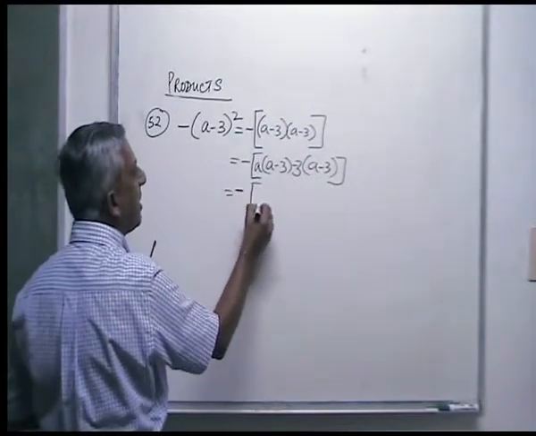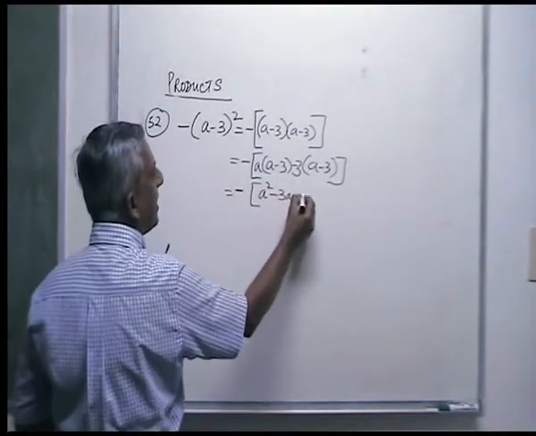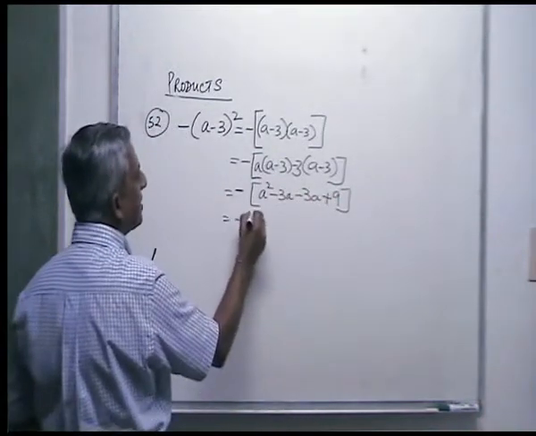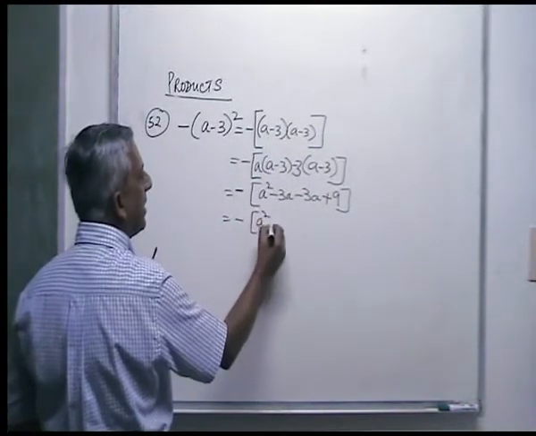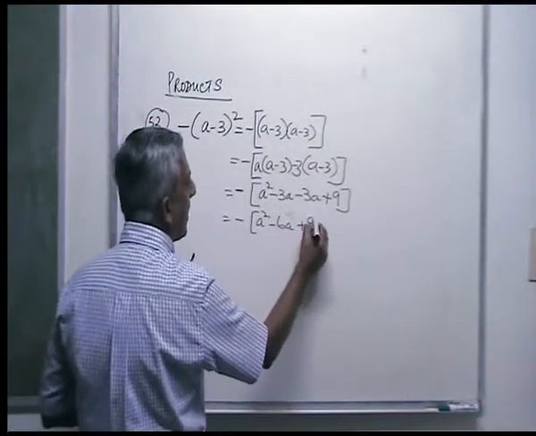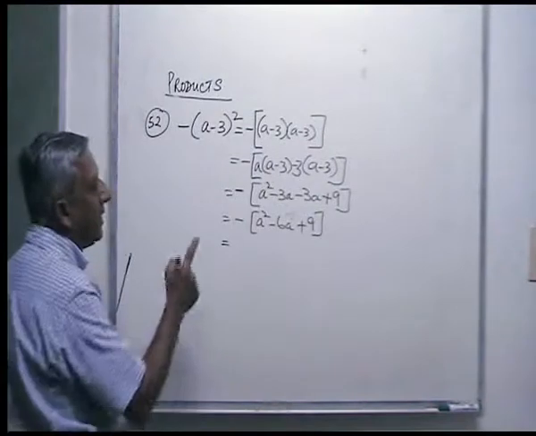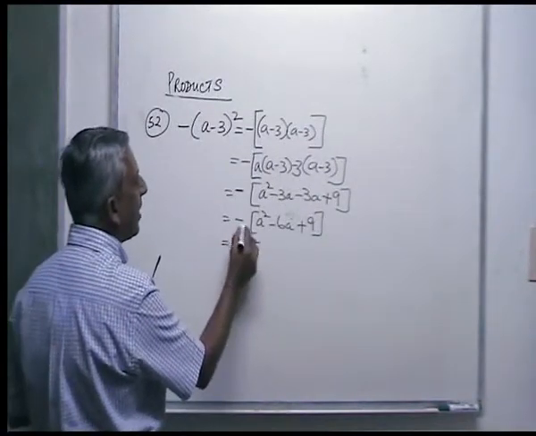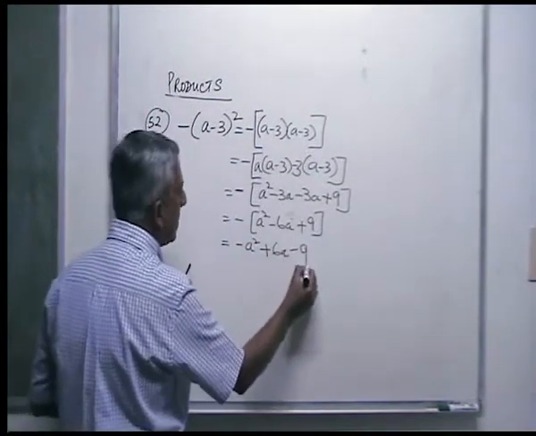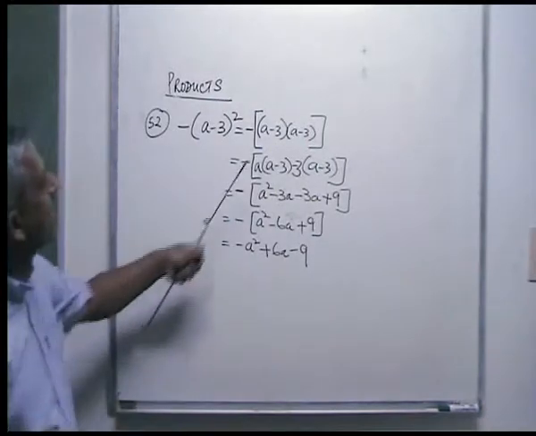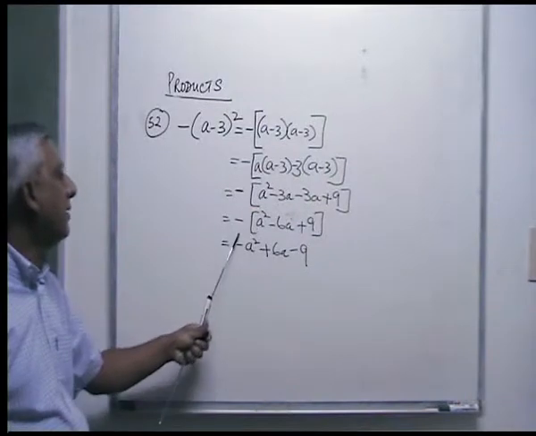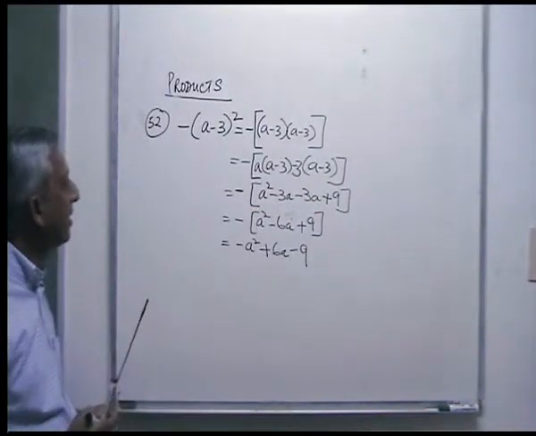There's your minus, just bring it down, a squared minus 3a plus 9. Complete the squaring first, a squared minus 6a plus 9. And now you can multiply, so it will give you minus a squared plus 6a minus 9. So that's what we mean by square first, then multiply. So we finish squaring first, and then we multiply by minus 1, and that's your final answer.